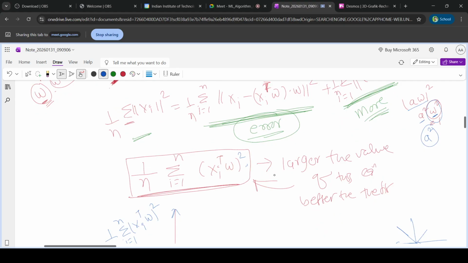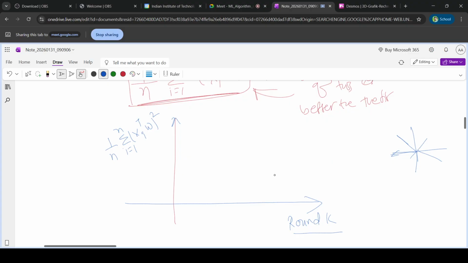So for xi transpose W squared, if I plot the graph, at the first round this value is the bigger one, because W1 is the bigger one. Next time W2 will be smaller, so this value goes on decreasing. If you plot the actual graph, these values are decreasing.